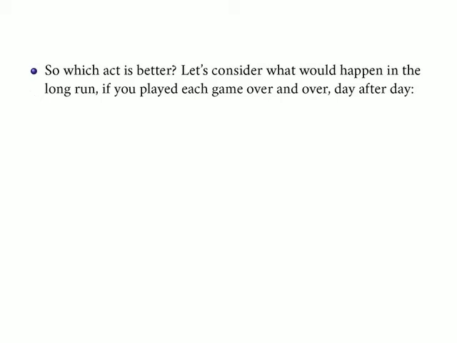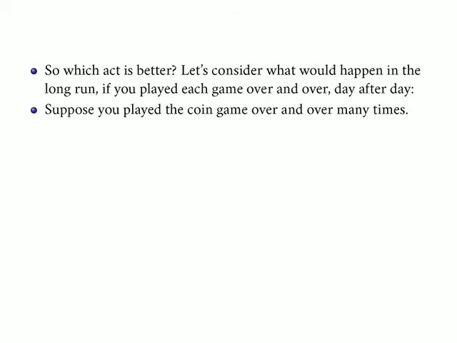So our question has been, which of these acts is better? That is, should we play the coin game or should we play the die game? So let's consider what would happen in the long run if you played either game over and over for a long time.